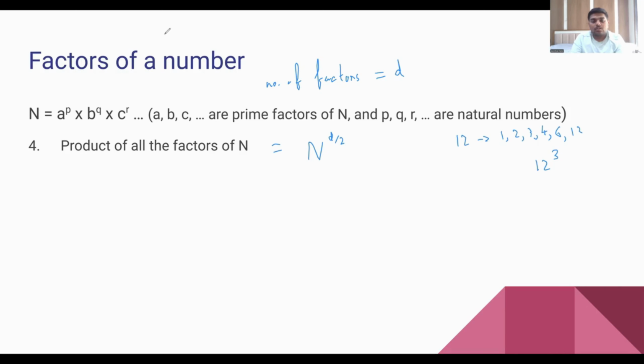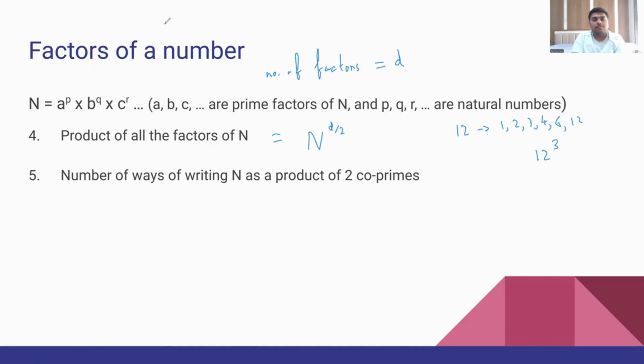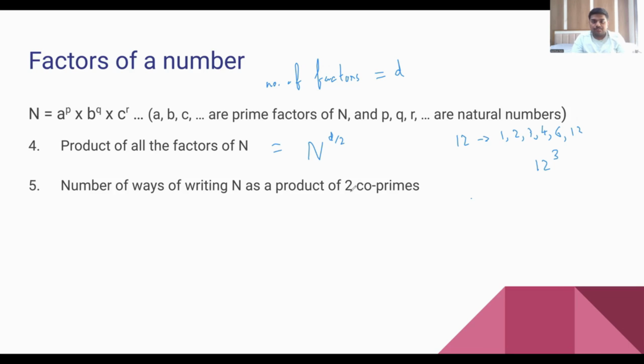Now, the number of ways of writing n as a product of two co-primes. This is an interesting one. Here we will count the number of distinct prime factors of the number n, which is small n. And the answer will be 2 to the power n minus 1.